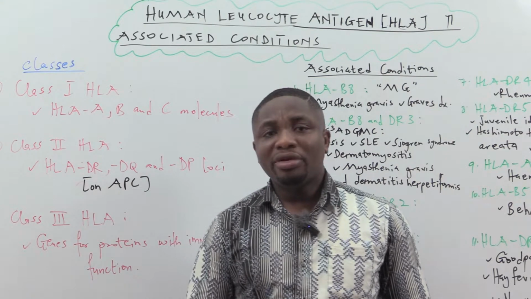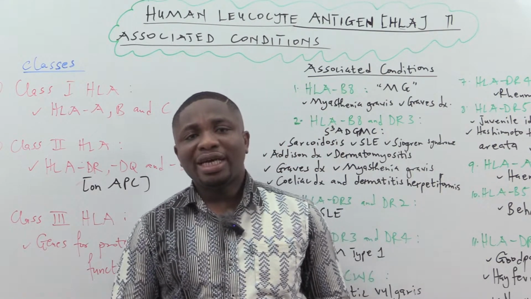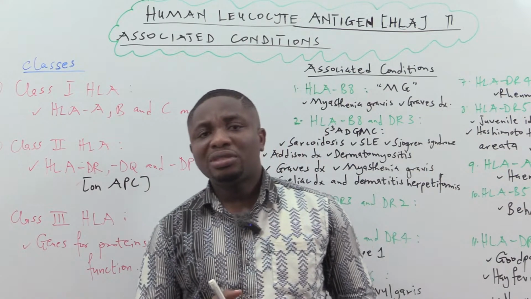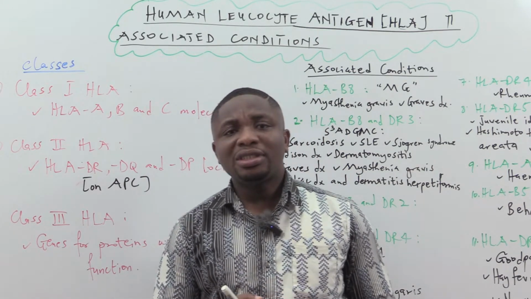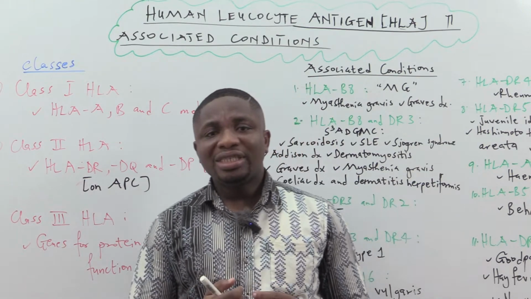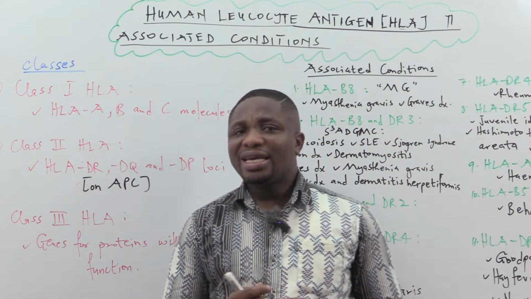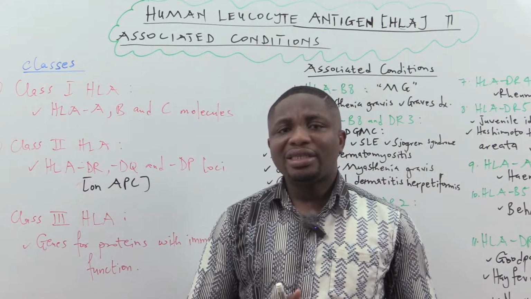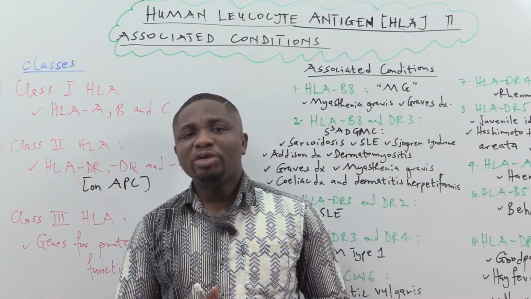So if there's any foreign body in your body, the human leukocyte antigen will help code for proteins that will identify those bodies as foreign. So in that case, the human leukocyte antigen plays a role in disease and immune defense.